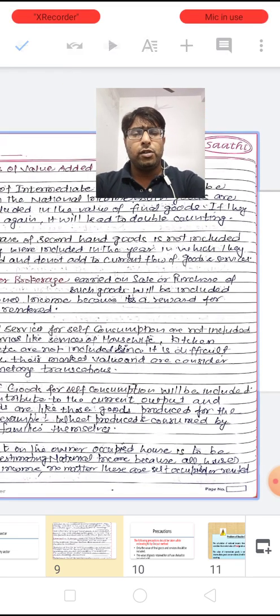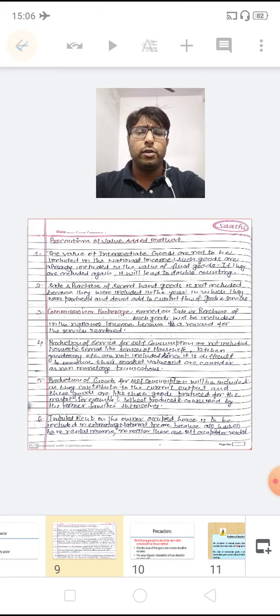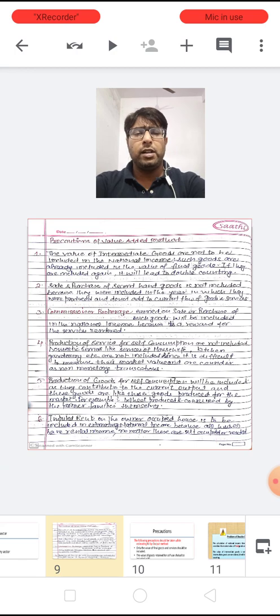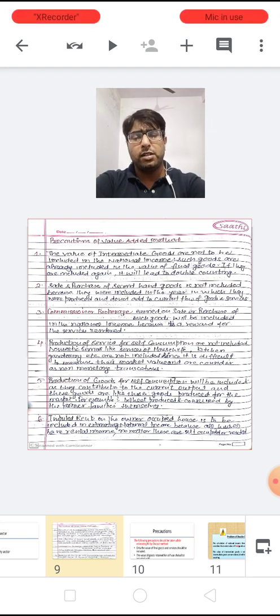We are going to include the value of imputed rent also in estimating the national income. So children, these are some of the precautions which we have to follow in estimating the national income.